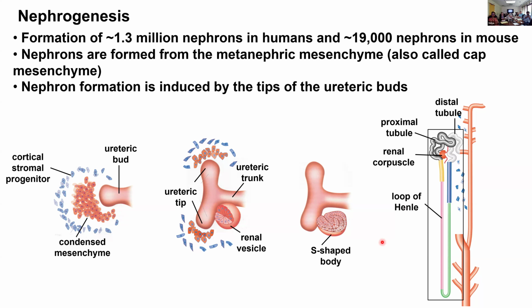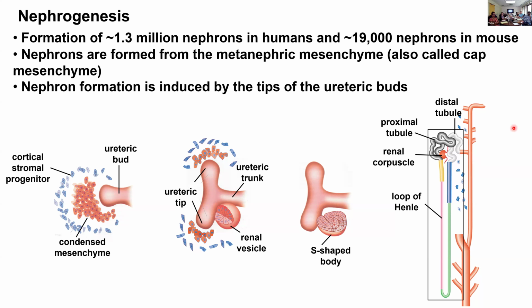At this moment, there will also be segmentation, so differentiation of different parts of the nephron, that will eventually give rise to the entire nephron structure, which I think we are more familiar with here, right?